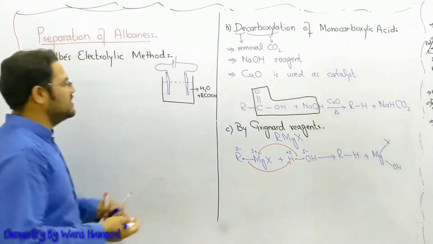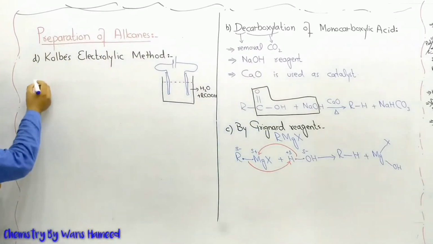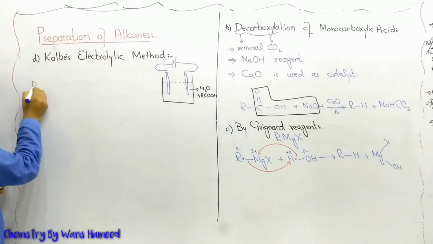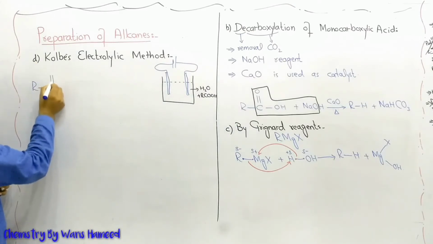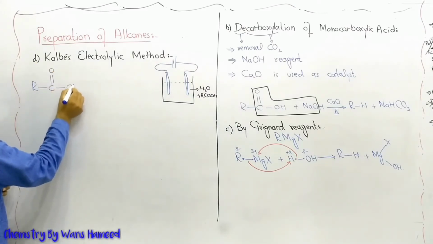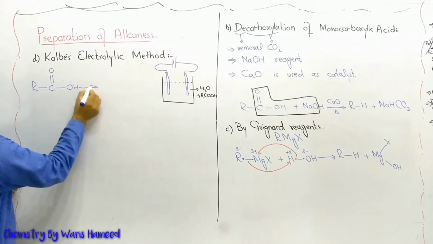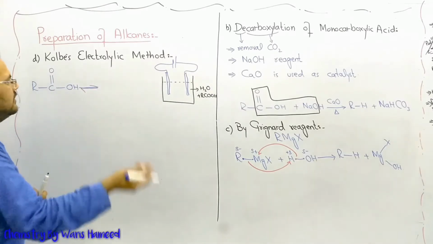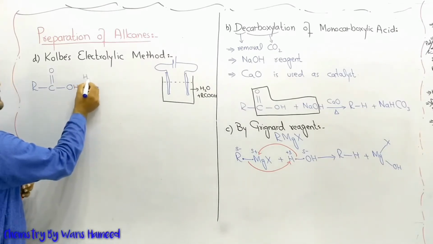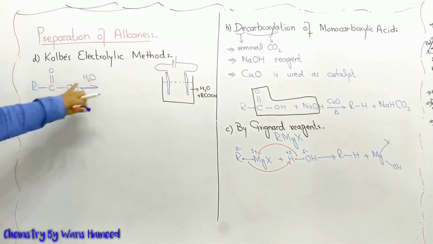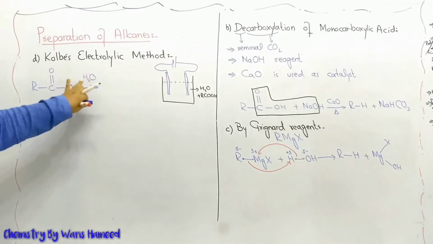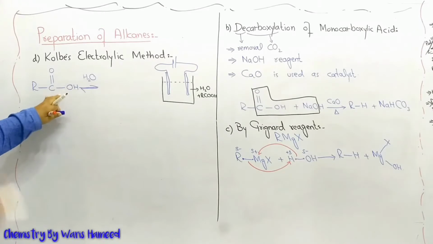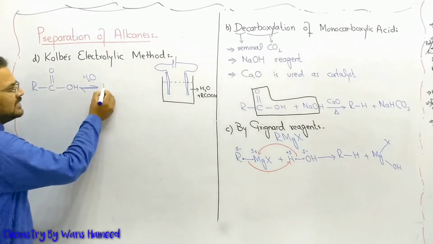What happens in that mixture? If we have monocarboxylic acid, R single bond carbon, double bond oxygen, OH, and this reaction is occurring in water solvent. When we add carboxylic acid to water, it ionizes itself and forms 2 types of ions.